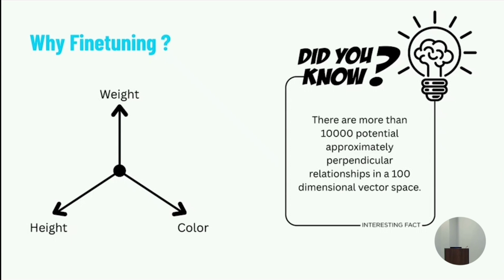But if you slightly adjust it from 89 to 91, give it a range of 2 degrees, you can have potentially 10,000 combinations of vectors that are approximately perpendicular to each other. What that means is that in the sentence embedding space, from a particular knowledge corpus, you can extract 10,000 different perpendicular relationships that you can align new sentences towards.